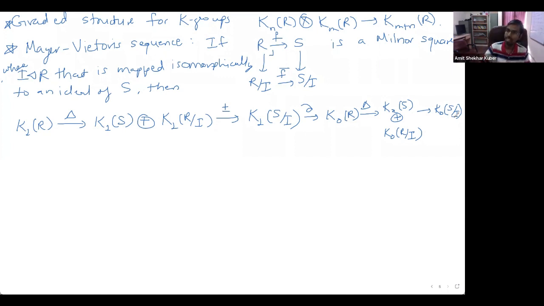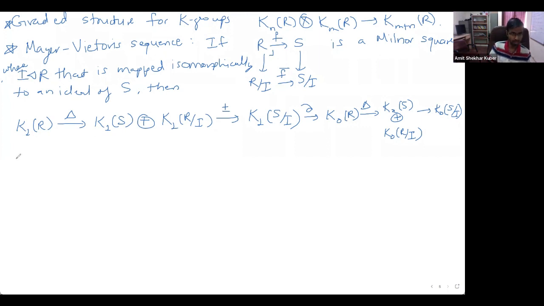So K theory behaves a lot like homology theory. This is one more proof of that. So when is this useful? It is useful when you have some conductor squares.